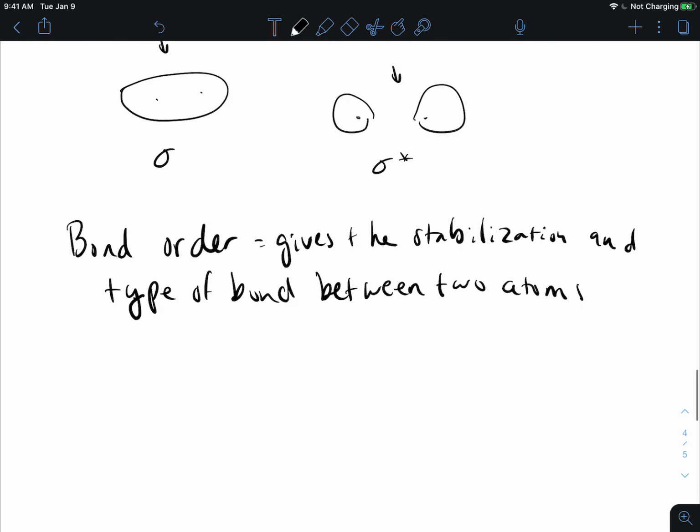If the bond order is equal to 0, there's going to be no bond between those atoms.